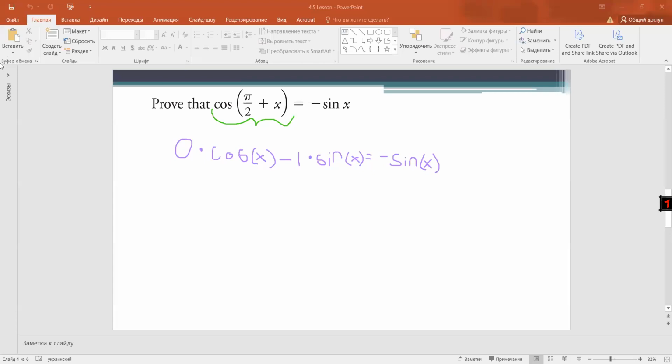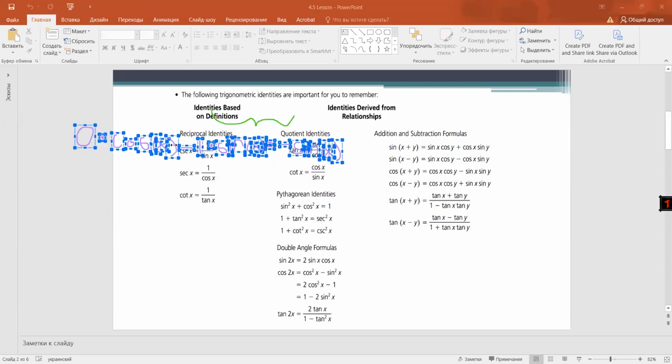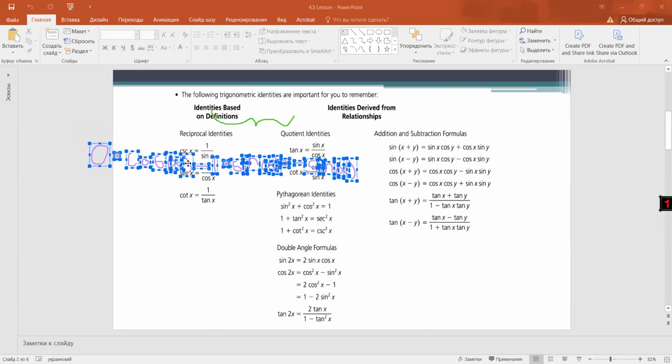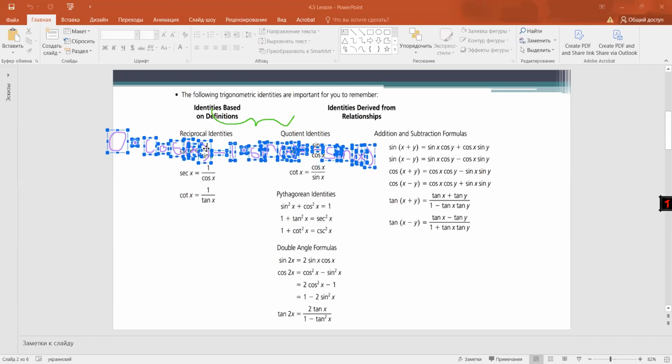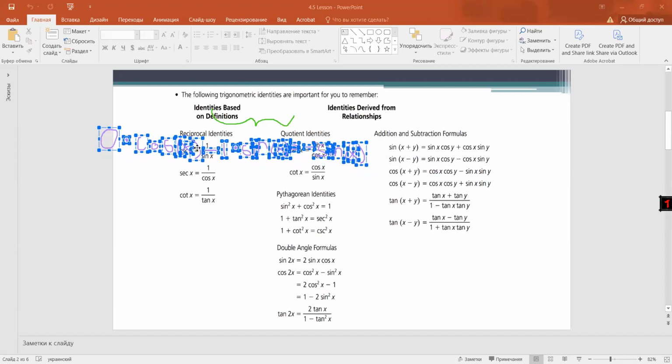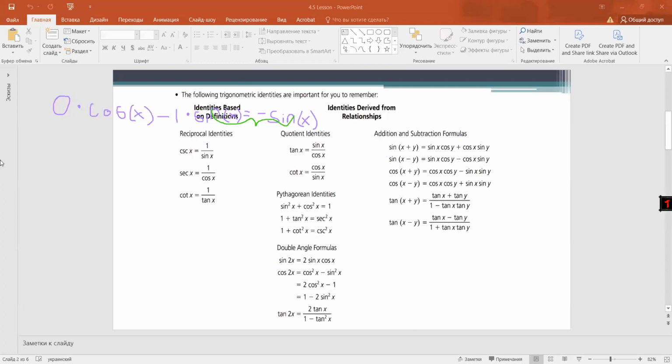Let me move to the first slide. Here on your right hand side, addition and subtraction formulas. You cannot just open brackets because it's not an operation in this case, right? Cosine is a function. Cosine by itself equals the value in radians.